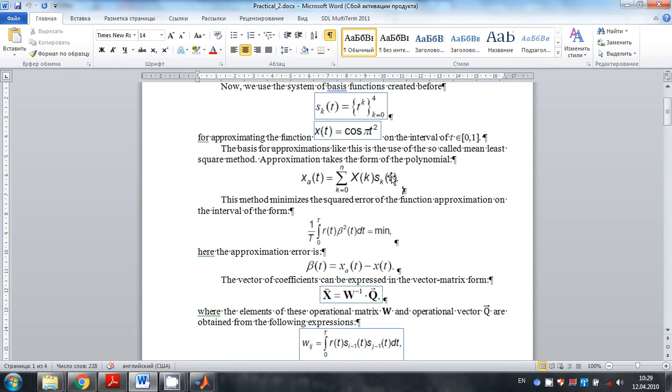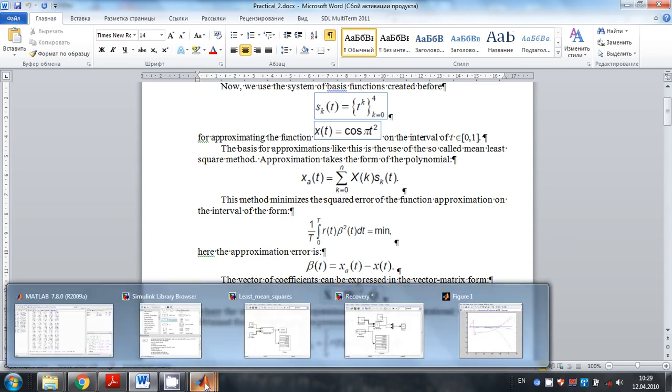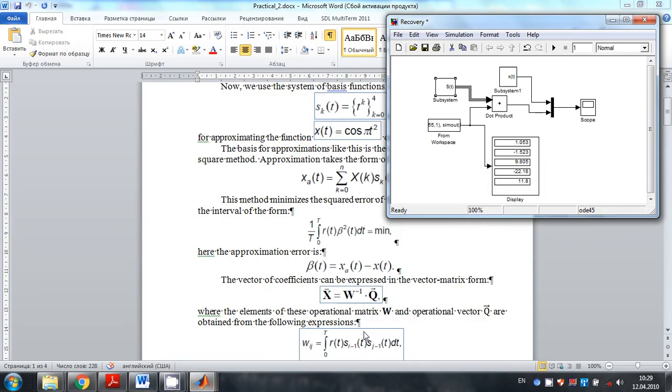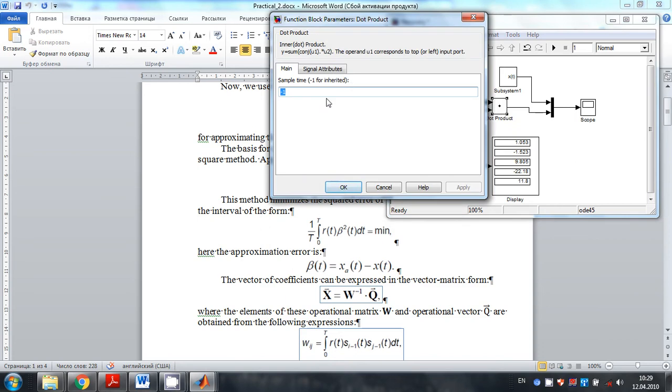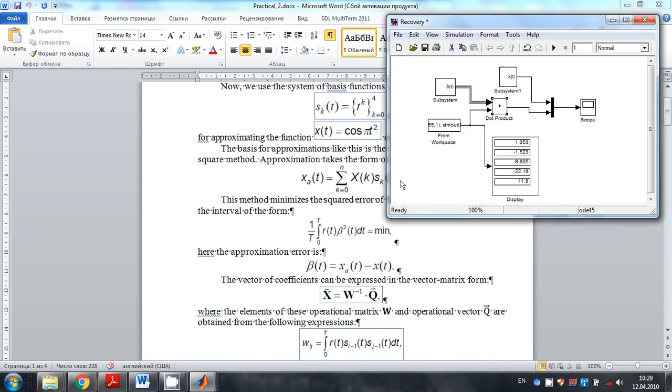This dot product allows us to multiply the corresponding coefficients of decomposition by the corresponding function, and sum them up.